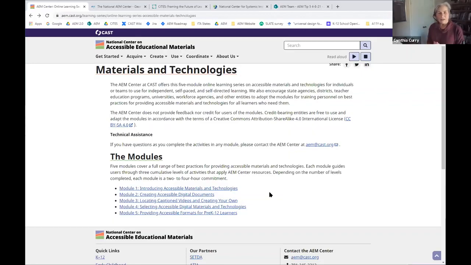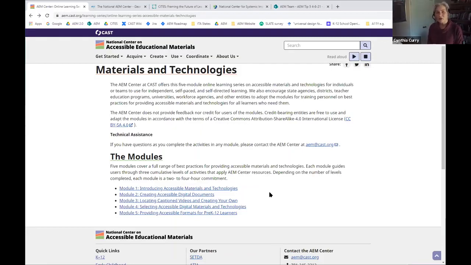And back in 2018, we did get pre-approval from the IAAP, the International Association of Accessibility Professionals, to provide credit for some CEUs related to these.